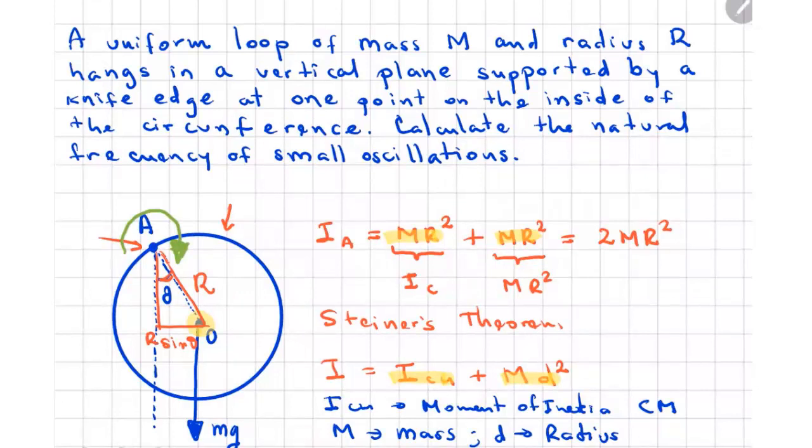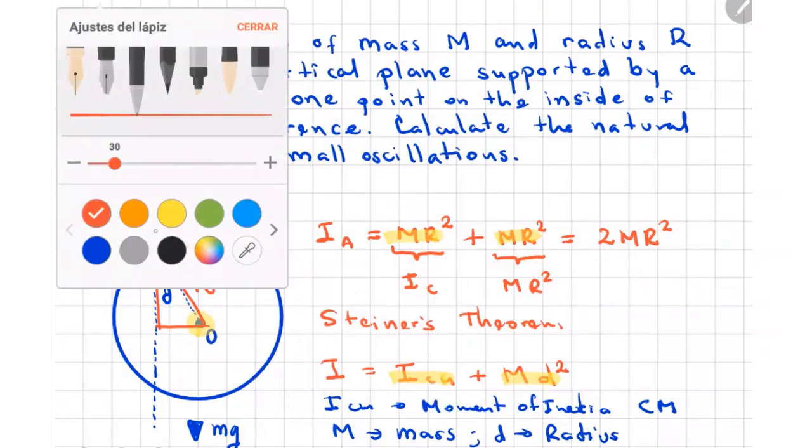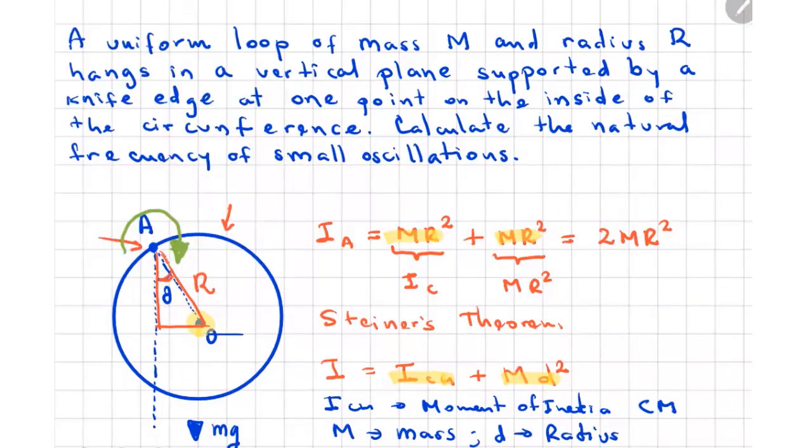Sorry, give me a second here. Okay, this side with blue is the opposite side for this angle. So the opposite side is, by definition, in this case, r sine of theta.